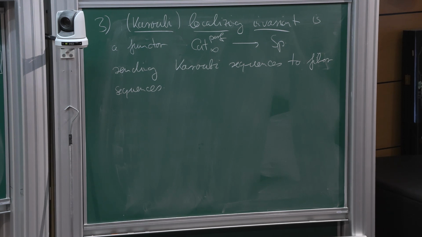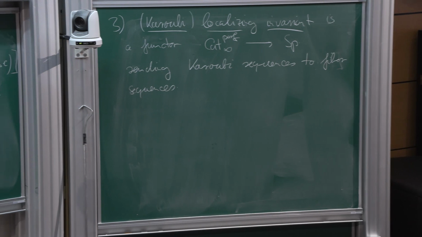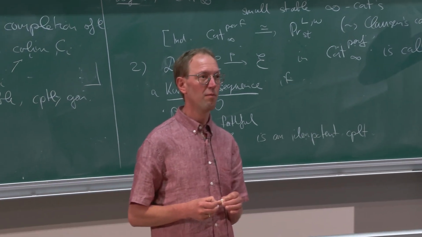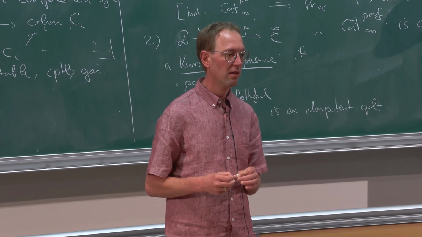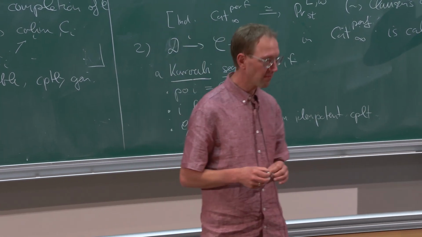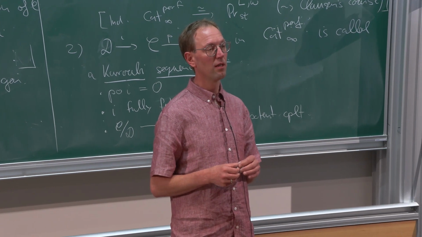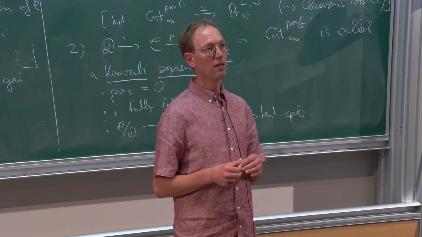In a Karoubi sequence, the composition being 0, you don't have to specify the homotopy, somehow unique up to 0, as far as I understand. In the fiber sequence, you have to specify the homotopy for the composition, and in the Karoubi sequence, it is a condition object by object. But you get something isomorphic to a 0 object, isn't it?